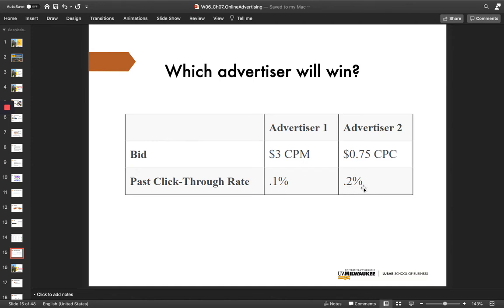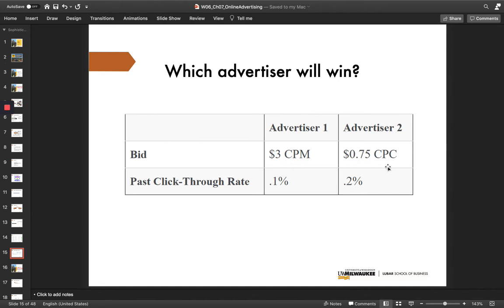So here, in order to evaluate which one will win, we need to use the same metric to compare, right? So let's take a look. If we use CPM as the baseline metric, for advertiser 1, we know CPM is $3.